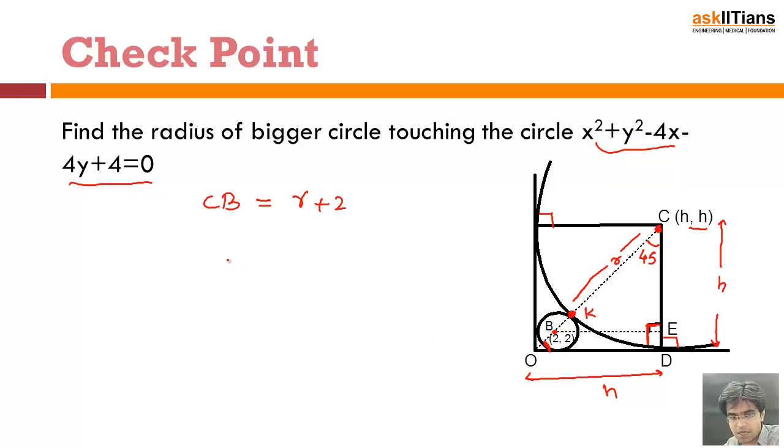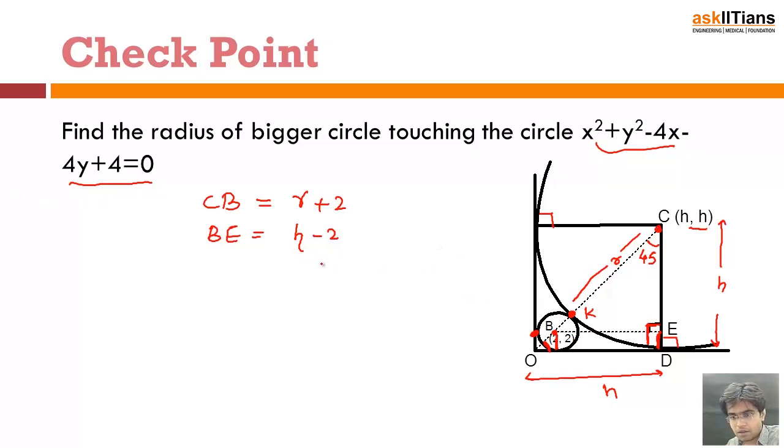Similarly, what is BE? BE is nothing but H minus 2. Why? Because the whole distance is H, and from this point B to this point the distance is the radius of the smaller circle, which is 2. How is it 2? We can calculate it easily from this point. So this is 2.